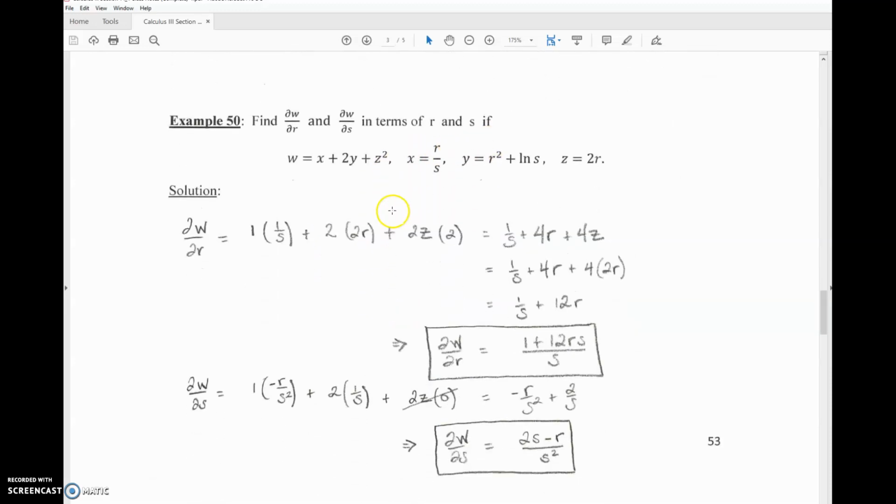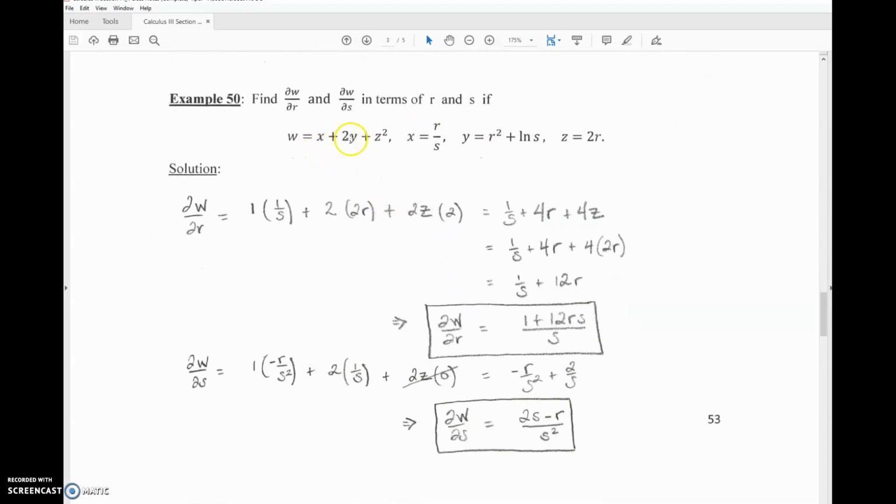If w equals x plus 2y plus z squared, and let's say that x equals r divided by s, y equals r squared plus natural log s, and z equals 2r.